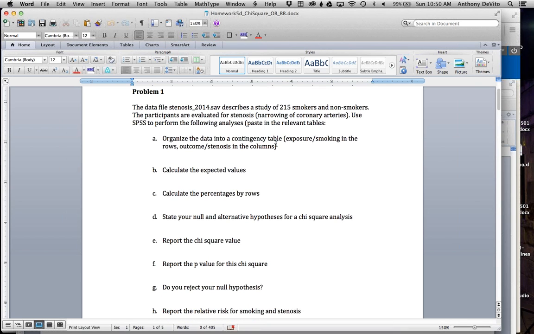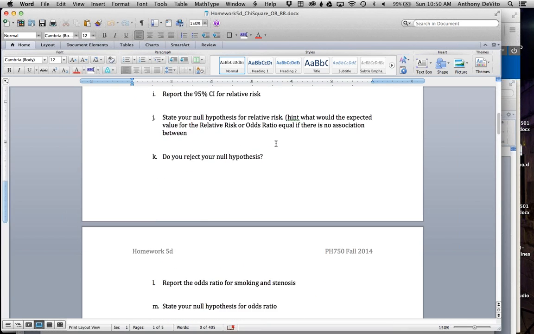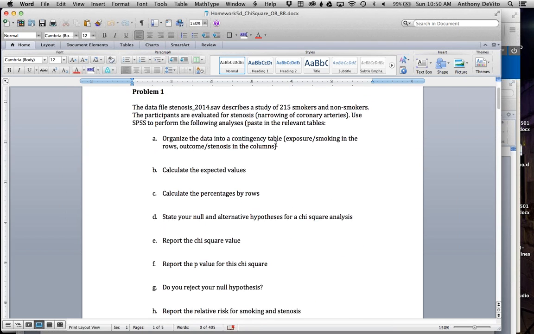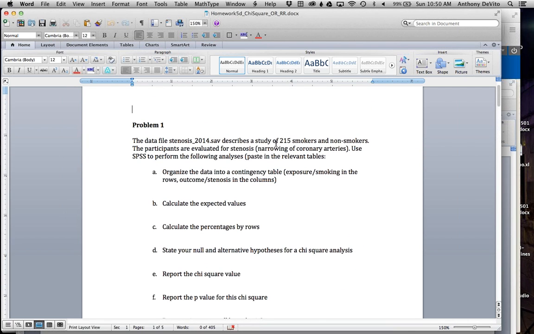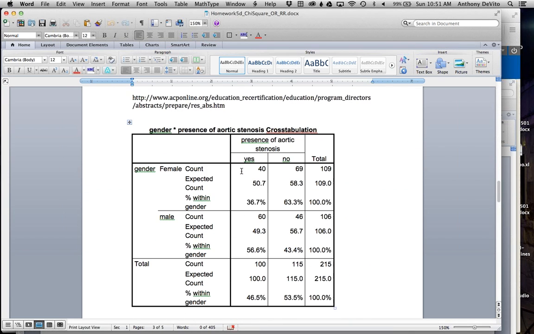But in our case, what we're looking at is a slightly different analysis that involves both categorical variables. There are no numerical variables here, no measurement variables. In this case, we're looking at, let's see, problem. Let's see which is a good one too.